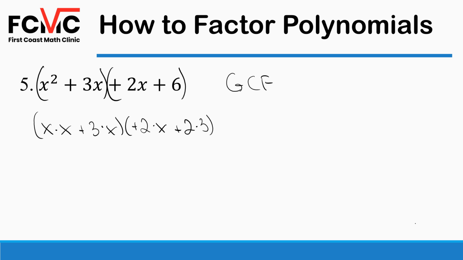So let's find our GCF for each of these binomials independently. In this first binomial, we've got an x and an x. So I can pull out that x, and I'm going to keep the x plus 3. So the x comes out first, and then x plus 3 stays in the parentheses.